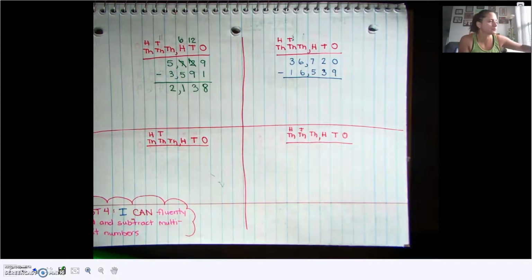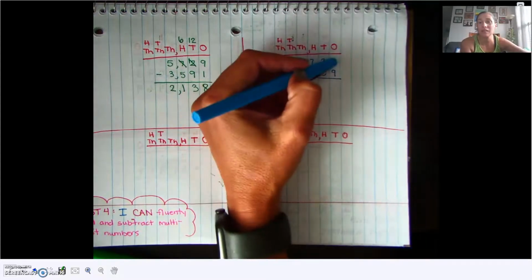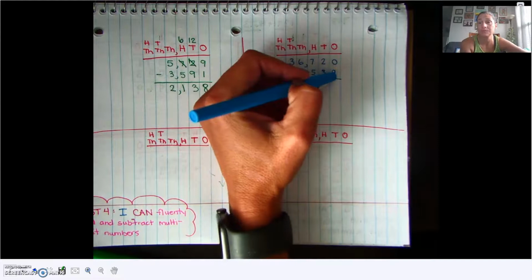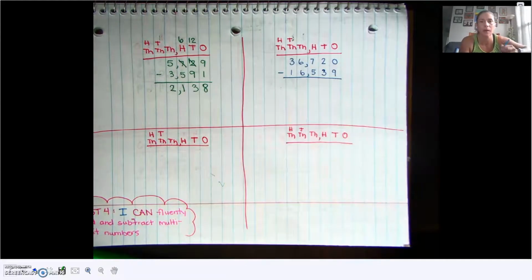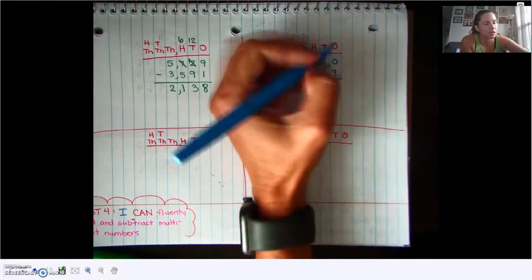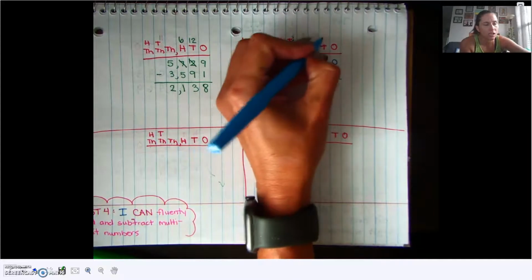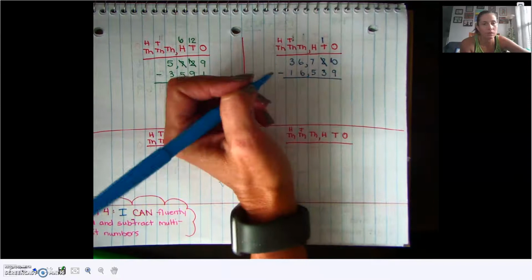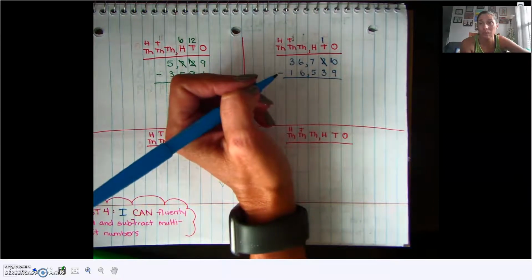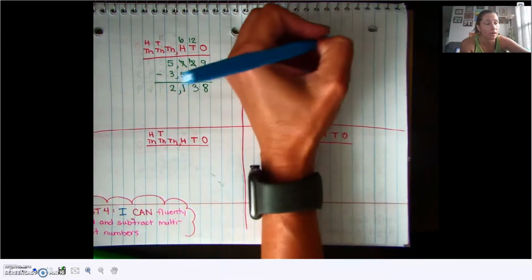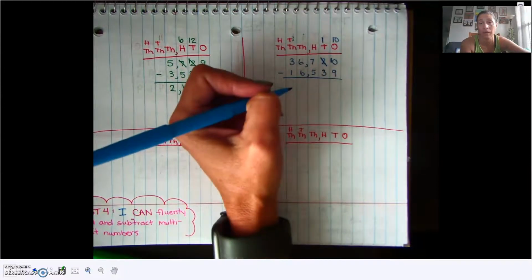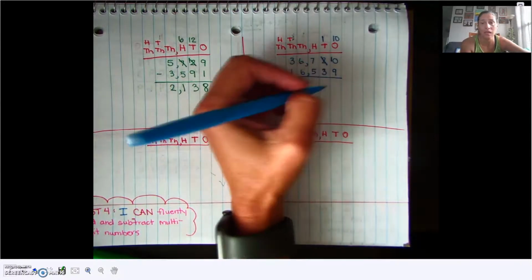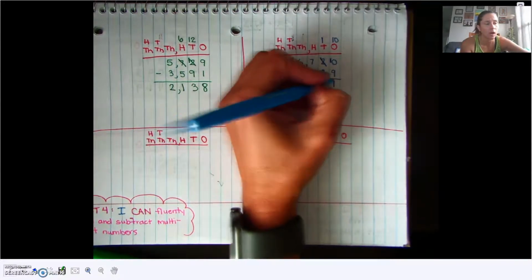All right, so if I have 0, can I take away 9? Nope. So then we've got to borrow. So that means my 2 is going to change to a 1. And now my 10, remember, now I have 10 ones, or if I want to write it up here as 10, whichever way you like better. So 10 take away 9 is now 1.